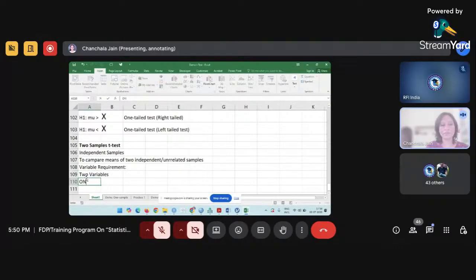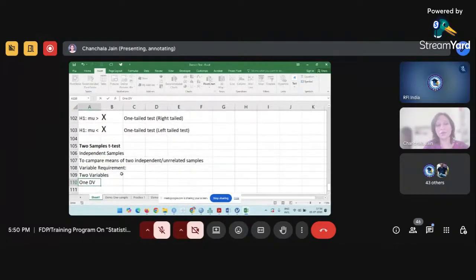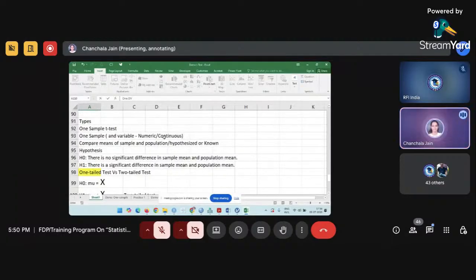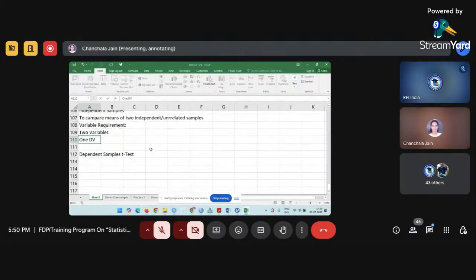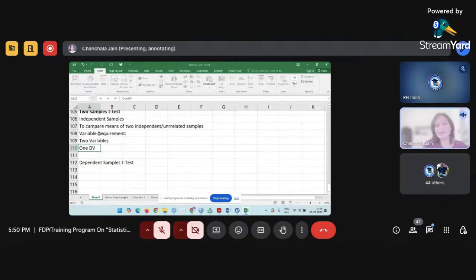The first variable, that is one, numeric. Numeric and which one, ma'am? I think only numeric or continuous. Continuous. Okay, okay.